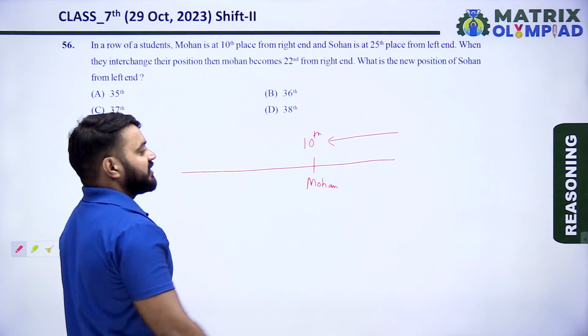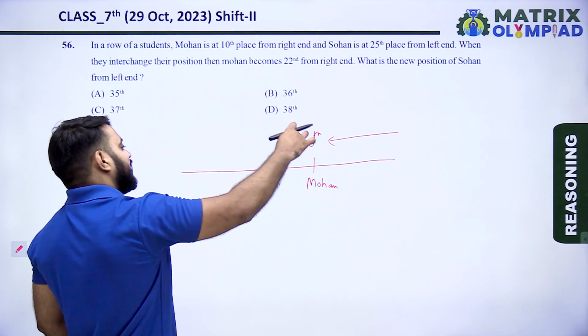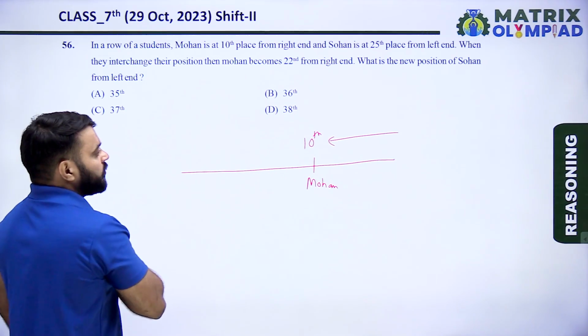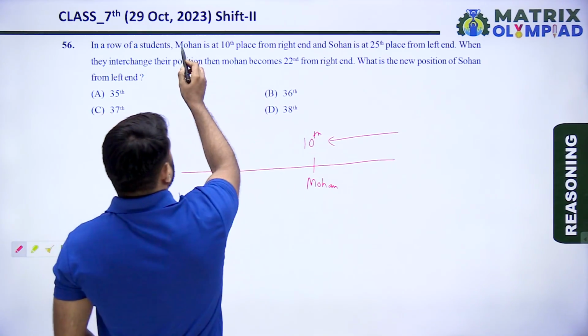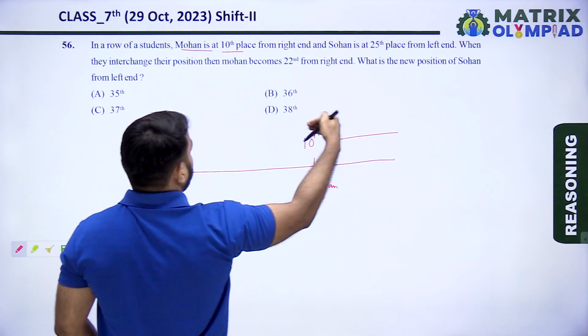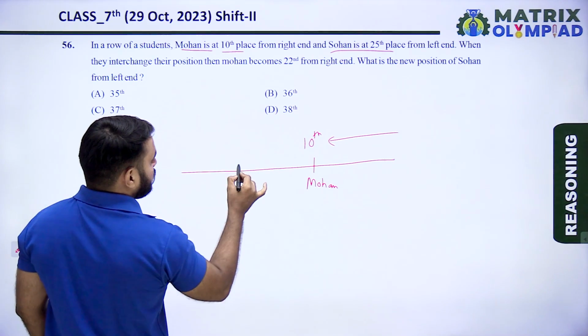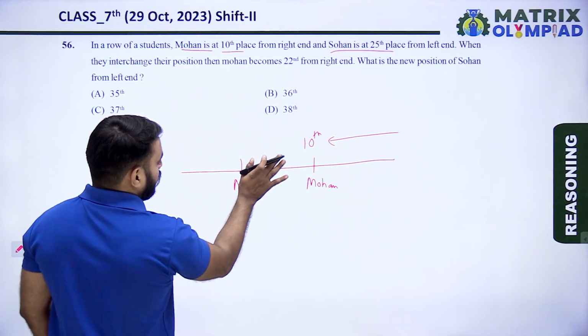So this is the right side of the row and this is the left side of the row. So Mohan is 10th from the right end and Sohan is 25th from the left end. So here is Sohan.